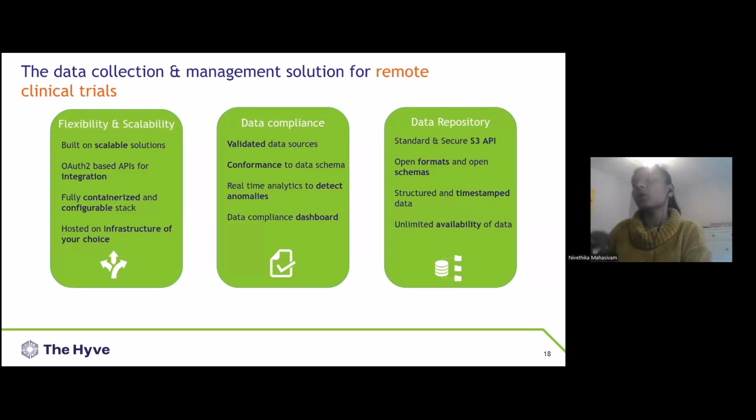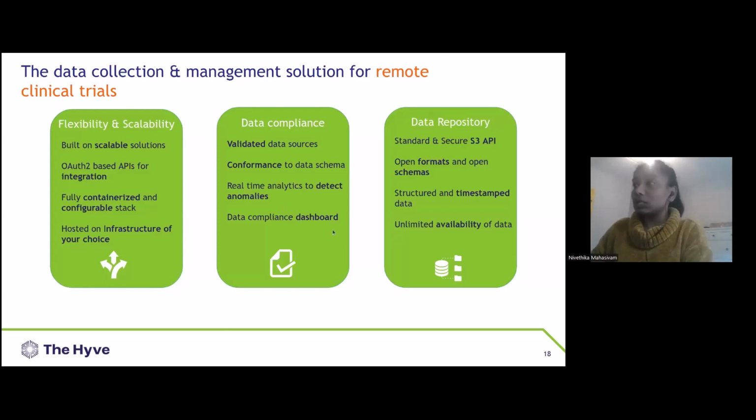Or if you detect a particular device is disconnected, or that we are not receiving data from that participant anymore, then you can make a call or make an intervention to see what's going on.